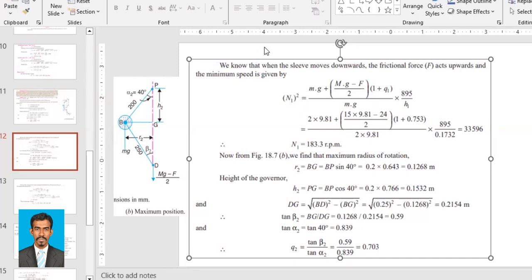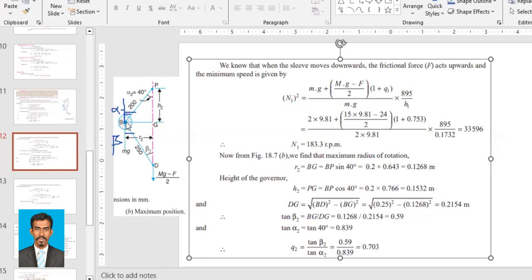So now we are going to use 40 degree here. So this is alpha 2, and here this would be beta. Now R2, that is this length, equal to BG.